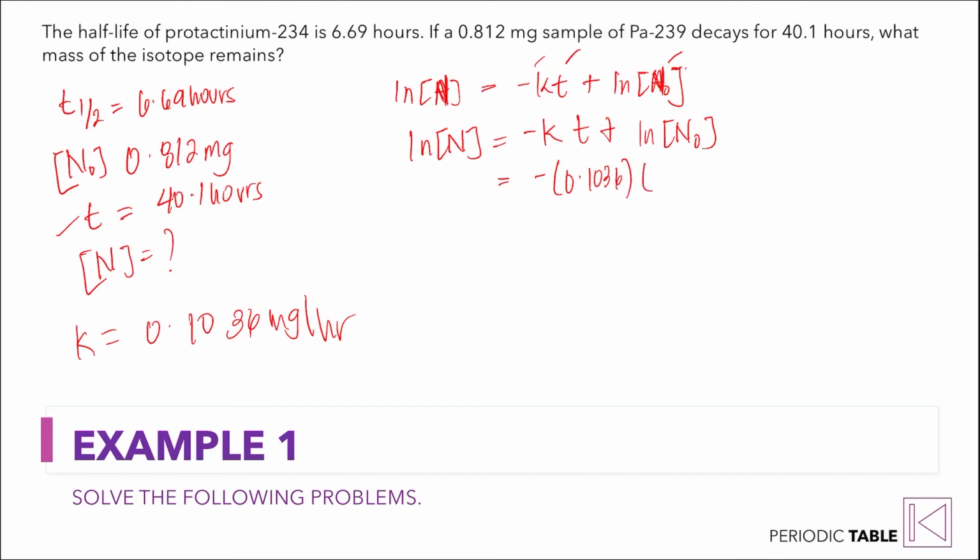Yung time natin is 40.1 plus ln, yung N0 natin is 0.812. Paano natin yung isosolve? So solve muna natin ln 0.812. That is negative 0.2008.